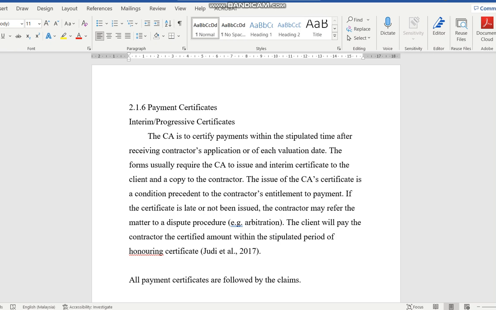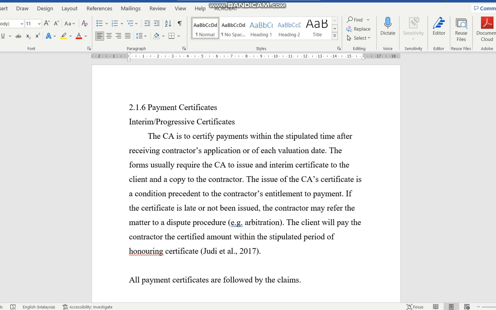Second last is penultimate, last is actually the final certificate. So you have your final claim with your final certificate with your final payment. You have your penultimate claim with your penultimate certificate with your penultimate payment. And then you have your interim claim with your interim certificate with your interim payment.